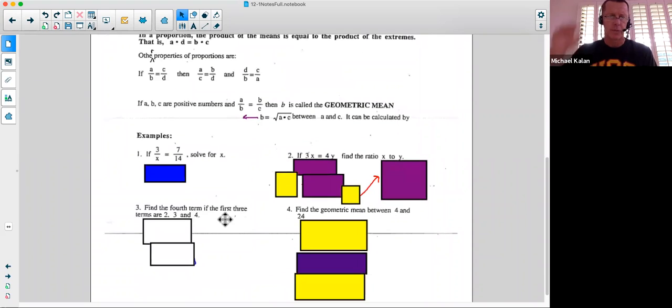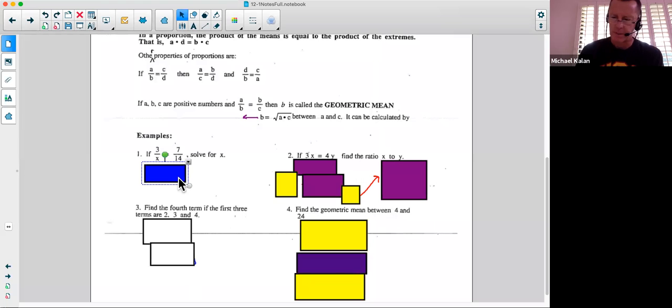So in this first one, if 3 over x equals 7 over 14, I want you to solve for x, okay? So why don't you go ahead and think about how you would do that? And there's multiple ways. Pause the video and solve it. Okay, I'm back. Now, one way to do this was we could cross multiply, right? You could say, okay, cross products, x times 7 or 7x equals 3 times 14, which is 42.